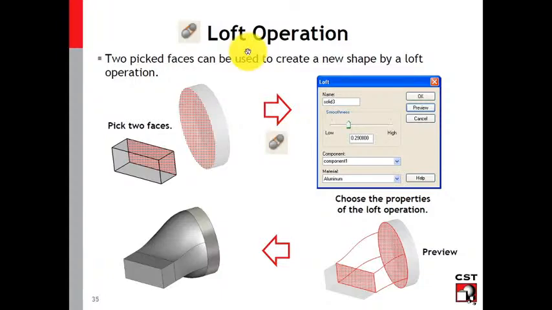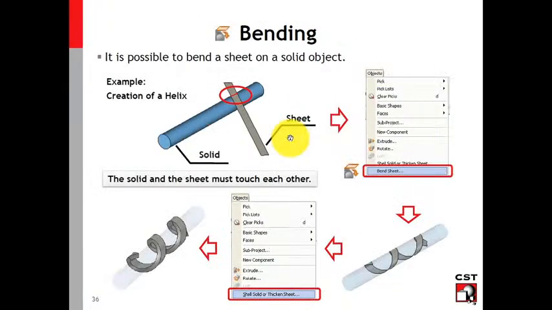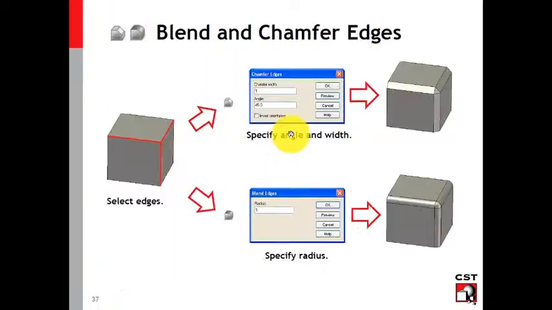We forget the loft operation. We will start by it. Okay, the loft operation is the way to create a horn antenna. It's the same way as a rectangular waveguide antenna. It's the same. Or cone antenna. We will create it as a loft operation. We have bending to maybe create a helix antenna. I told you about it.